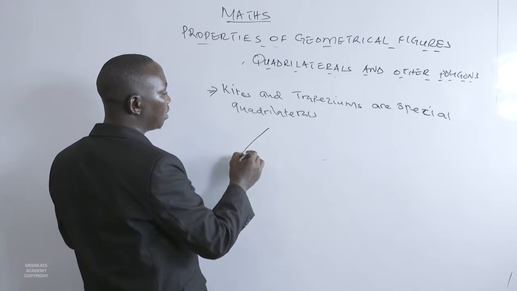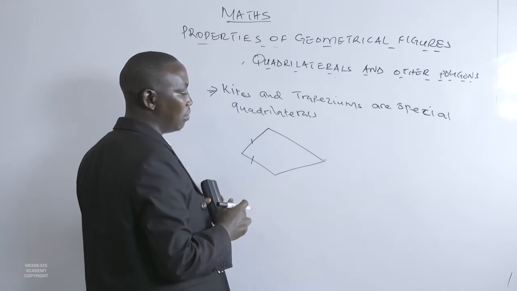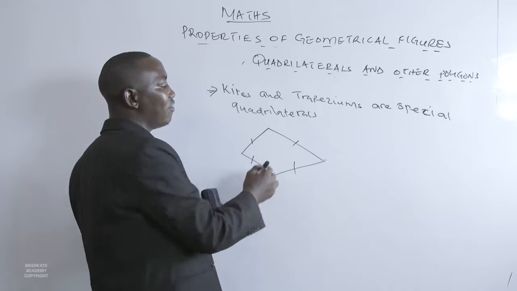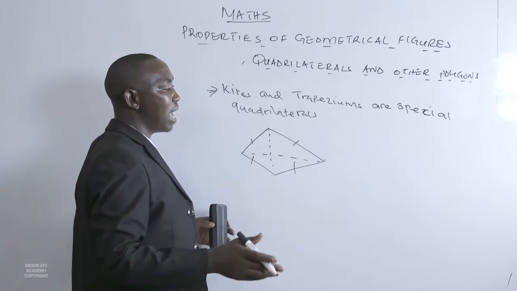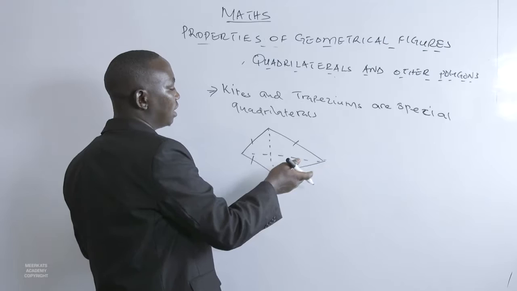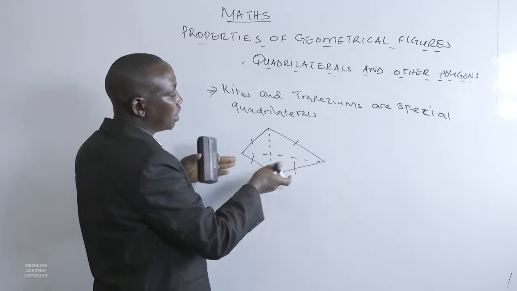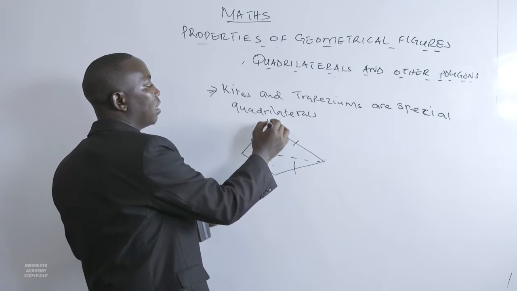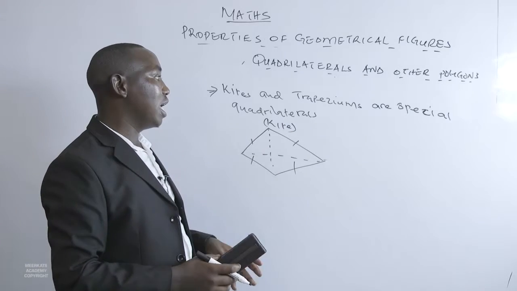So for a kite, this side and this side will be equal, this side and this side will be equal. But you'll discover that in this case, there is no single pair of parallel lines. If you extend this and you extend this, they'll meet at some point. So it has no pair of parallel lines.